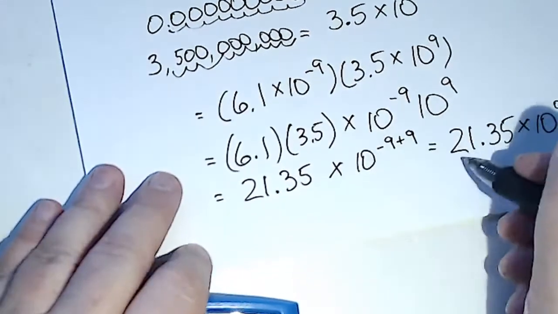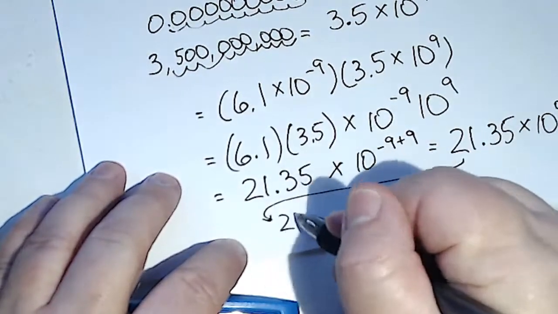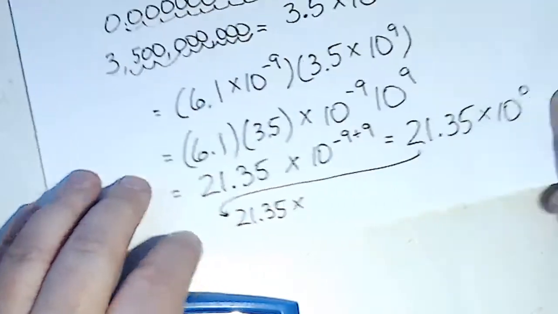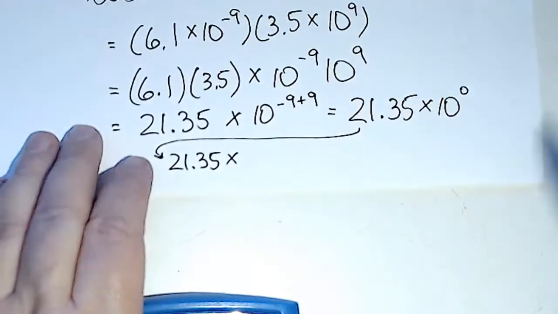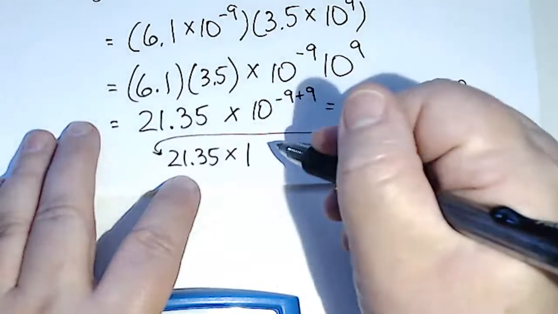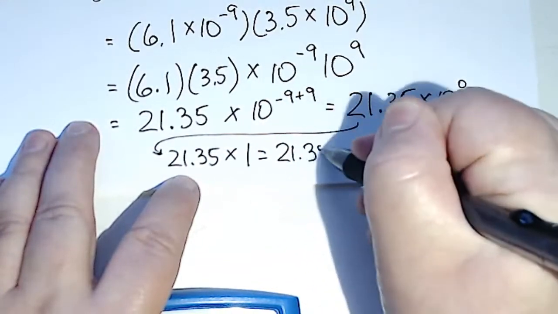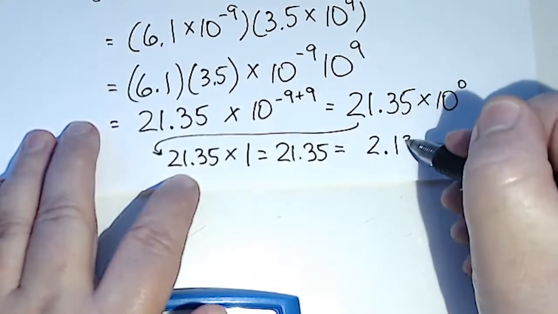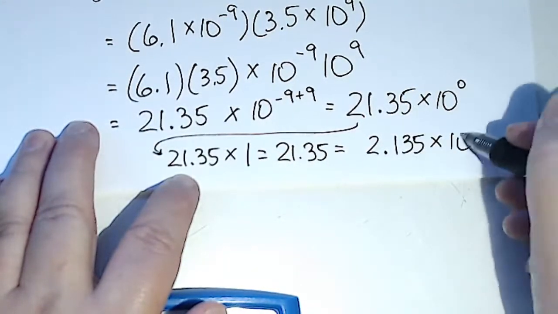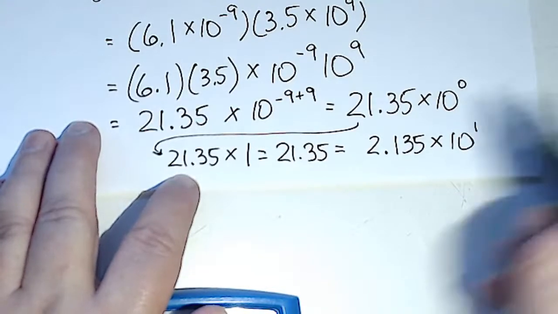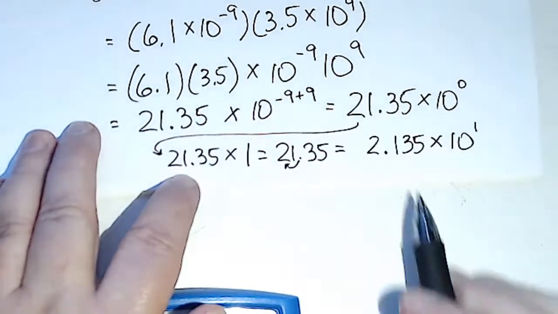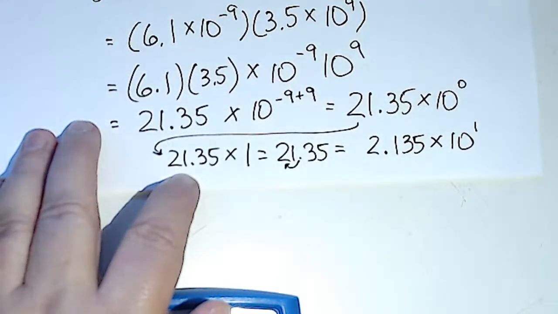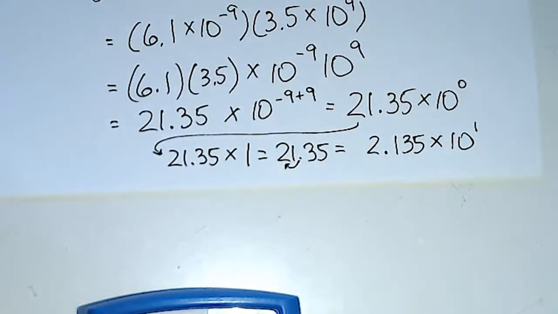Okay, so that is 21.35 times 10 to the 0 times 1, which is 21.35, which I'm very quickly going to switch over into 2.135 times 10 to the first power, because I moved the decimal point one spot, because this is supposed to be written in scientific notation. Bam, we're done.